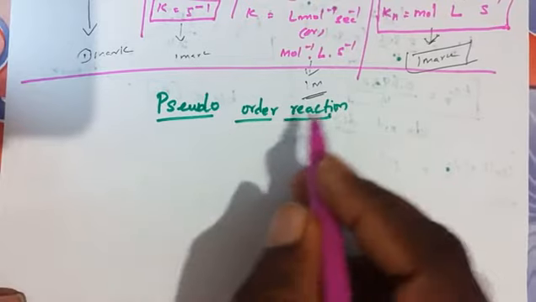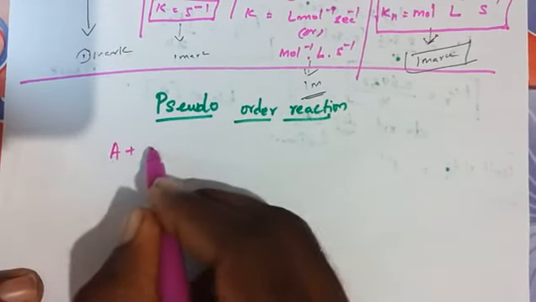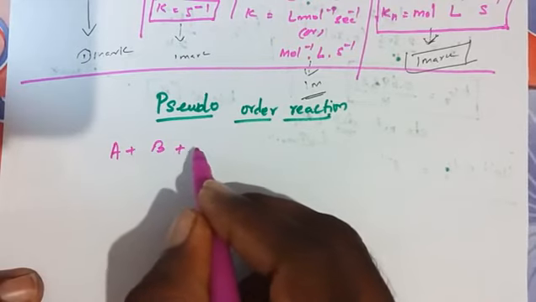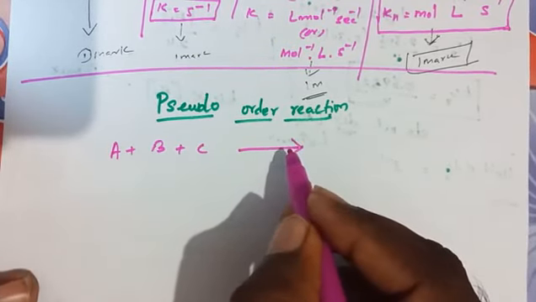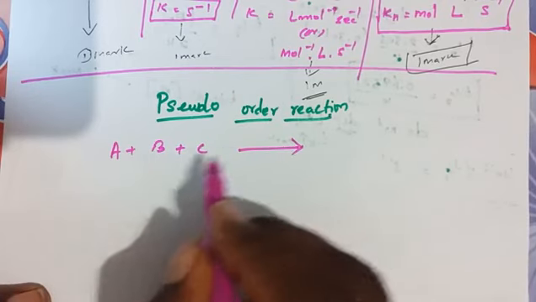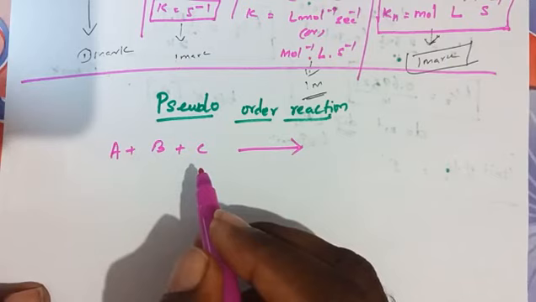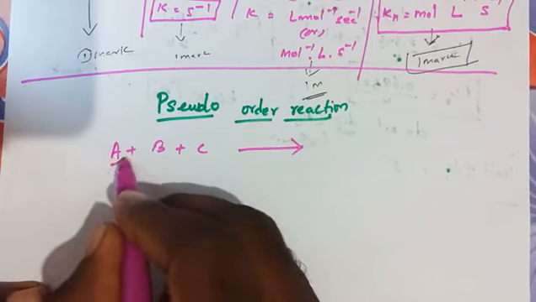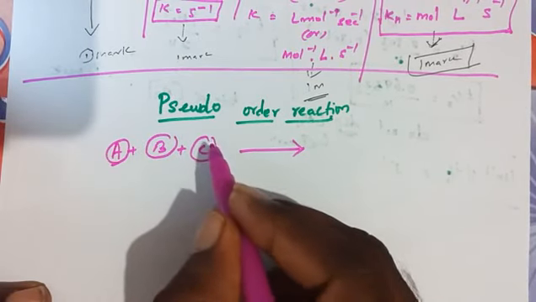Pseudo order reaction. Consider that a large number of reactants are present in the reaction. In this reaction, it is highly difficult to study the concentration of each reactant, which is altered during the chemical reaction.